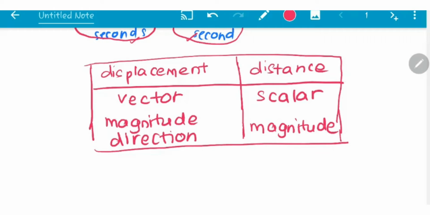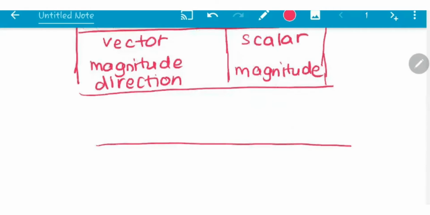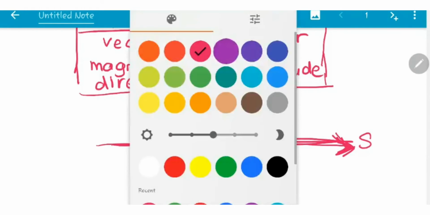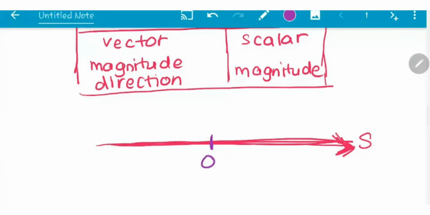Okay, for example, I bagi you contoh lah. Katakan you ada, this is the axis here representing S, the displacement value. Katakan kat sini 0. Here to here, let's say there is X, and here to here, let's say 3 meter. Here is the origin.